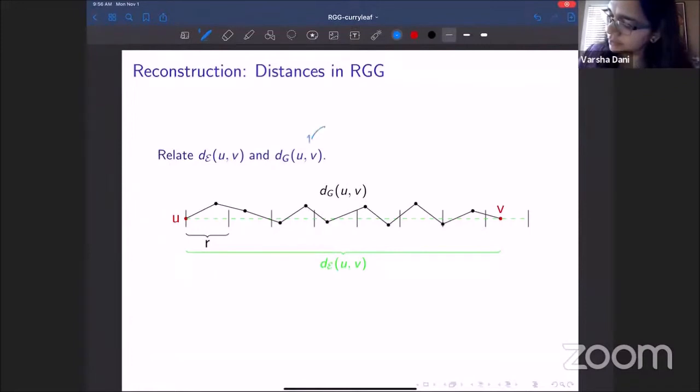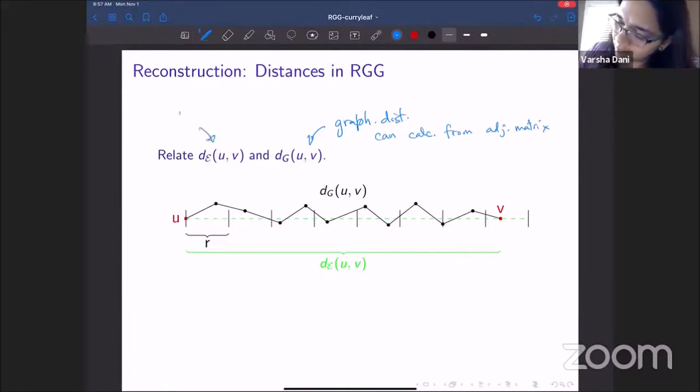So this is the graph distance, and you can calculate it from the adjacency matrix. And this here is the Euclidean distance, right? So if we want to be able to reconstruct the graph, we need to be able to get pretty good estimates on the Euclidean distance, right?